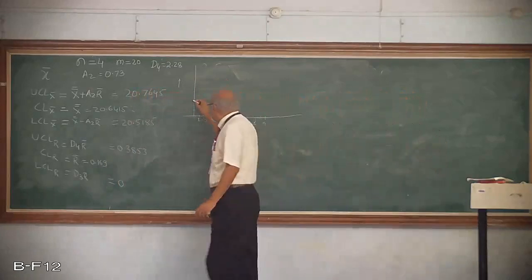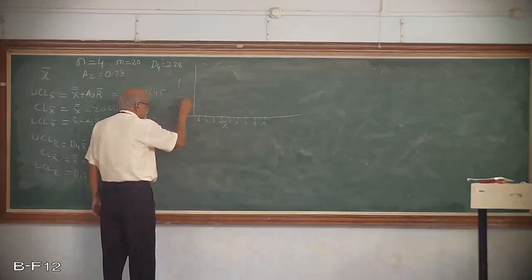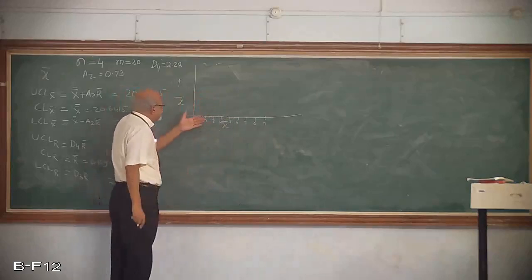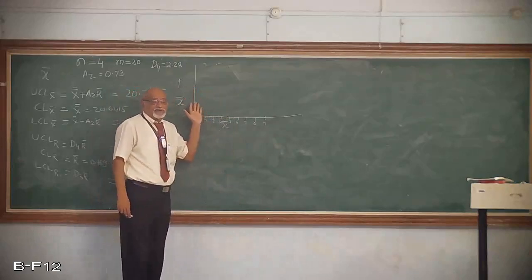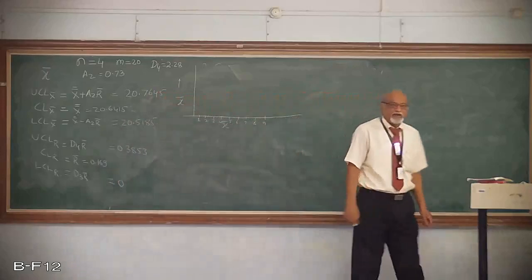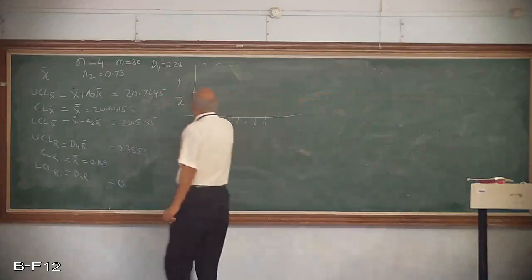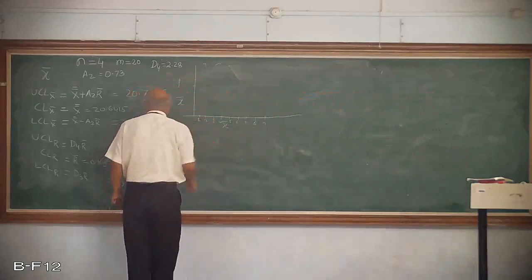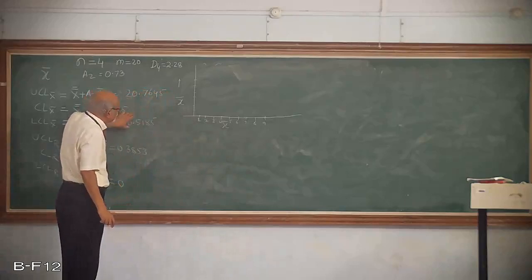So along this axis, we are going to mention the values of X bar. For each sample, the values are going to be different, or they might be the same. But since variation is inevitable, their values are not going to be the same. Okay? So it is going to be like this. It has got a variation. Now that variation has to be between these two limits.